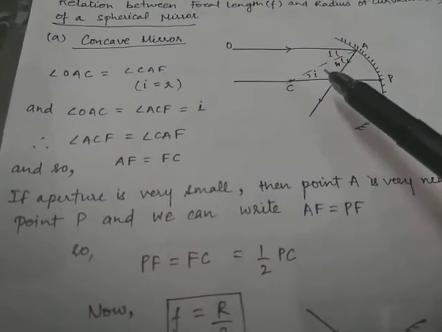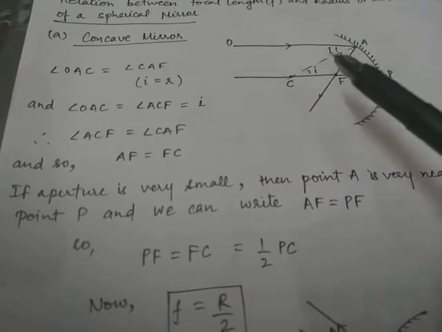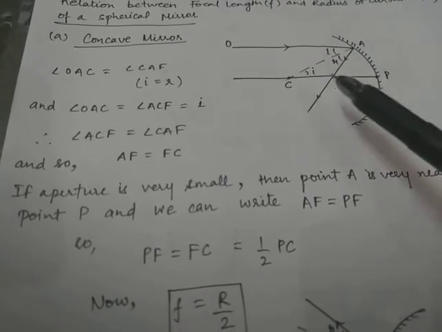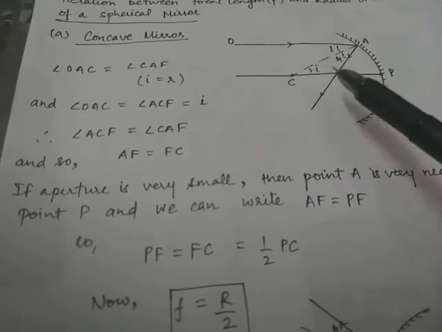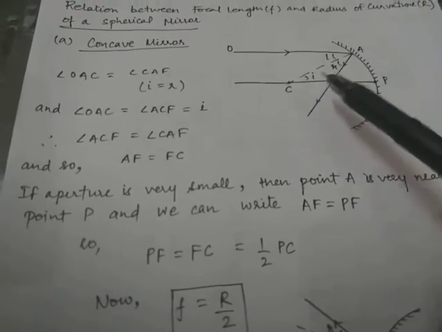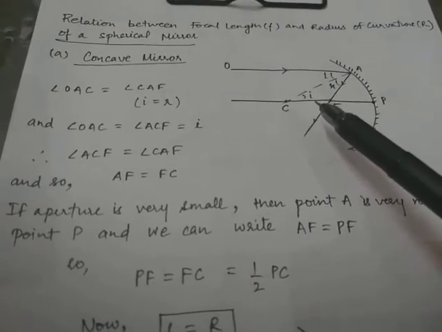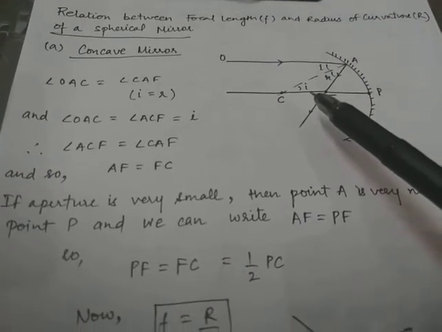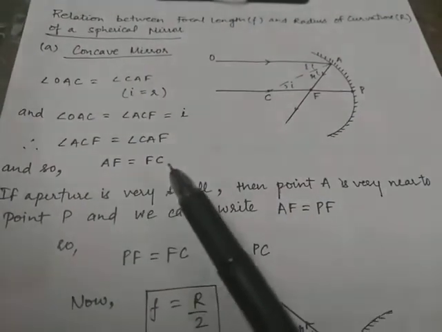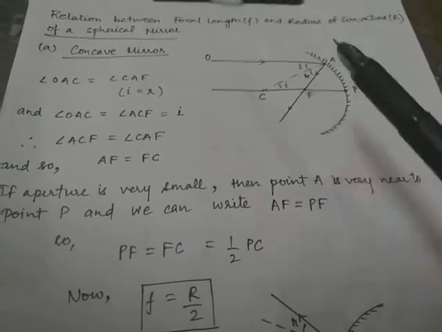So therefore in this triangle, angle ACF will also be equal to angle CAF, means these two angles are equal to each other. So this triangle must be an isosceles triangle, and in isosceles triangle the sides in front of equal angles are also equal. Hence we can say AF is equal to FC.